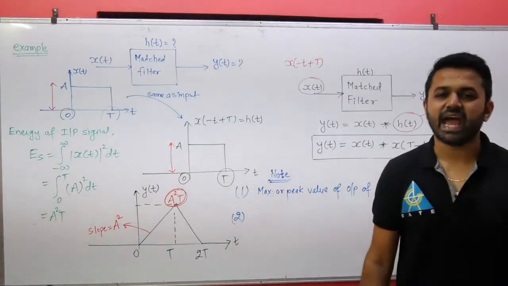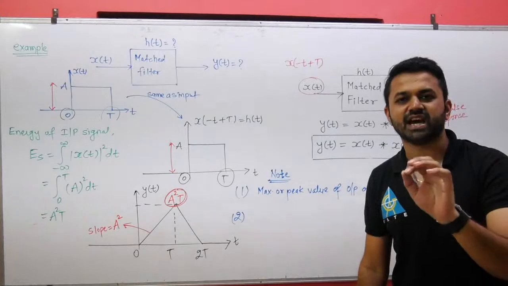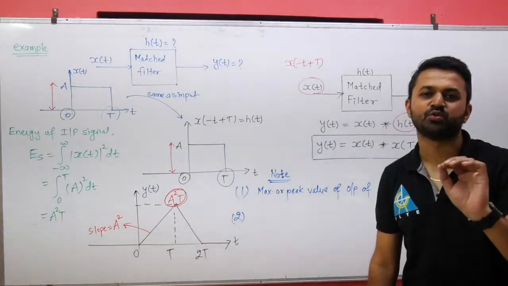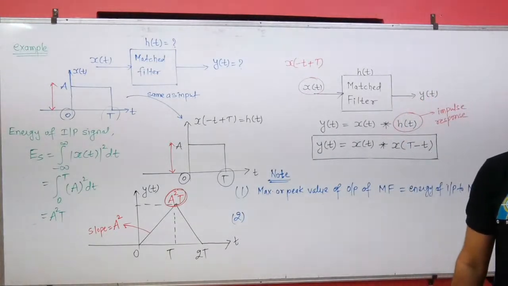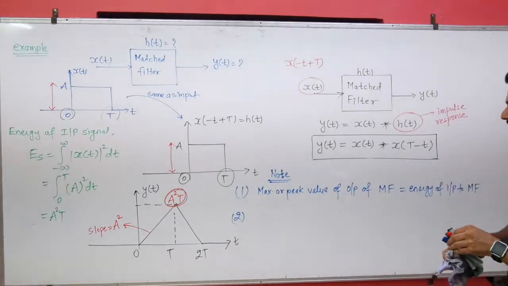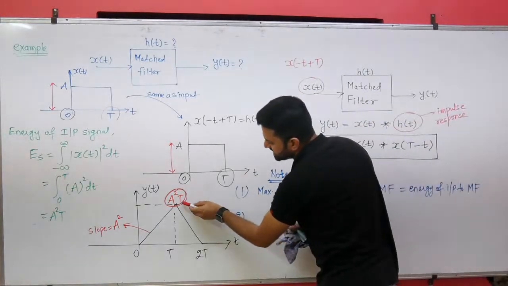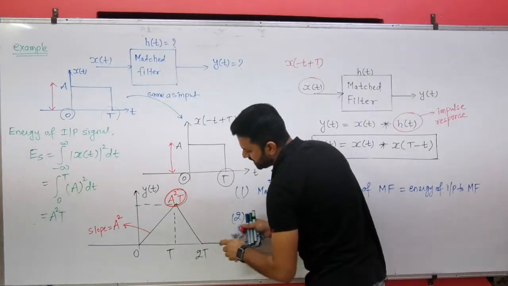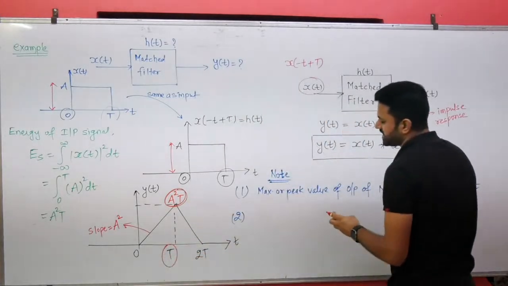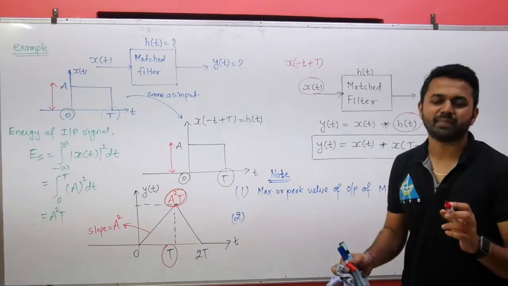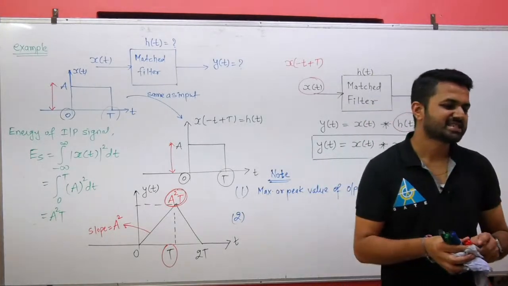So my question is, at what time instant we are getting the maximum amplitude at the output? So we are getting this maximum amplitude at time t is equal to capital T. And what is this capital T?